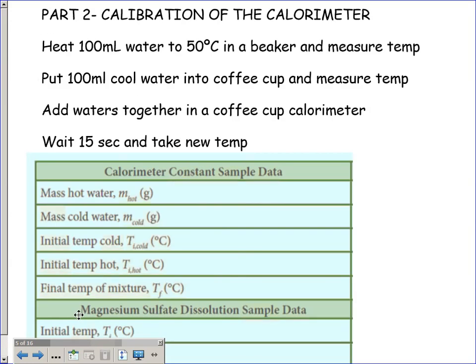hot water and cold water, 50 milliliters each, put together. It should come to the average of those 2 water temperatures. That is not noted in your lab. If you start with a 50-degree water temperature and a 30, what should be the intermediate? 40. It should be 40. If it doesn't reach 40, where's the energy going? To the coffee cup calorimeter. It could be escaping, because our coffee cup calorimeters are pretty cheap.